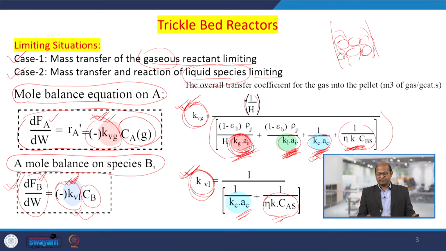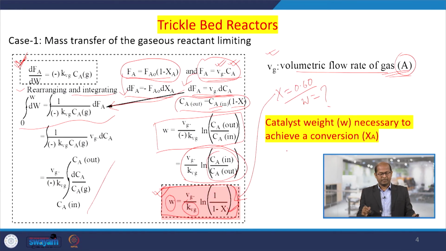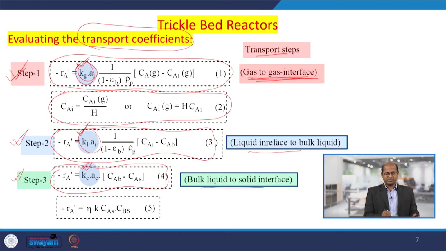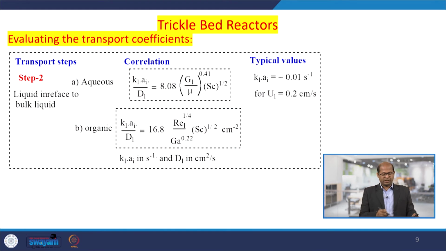Next we will discuss this KLAI. KLAI is for step 2, liquid interface to the bulk of the liquid, where component A is transferring, and for that coefficient we have to find out. So, in step 2, liquid interface to the bulk of the liquid, there the component A is transferring from one point to another point.